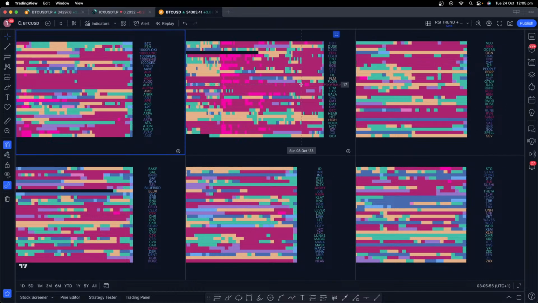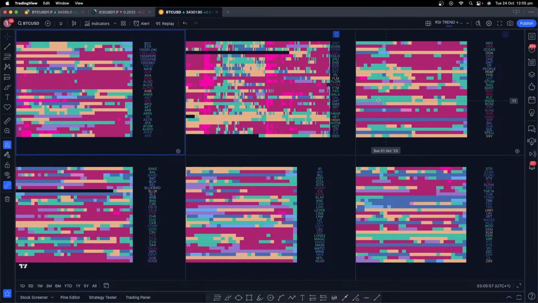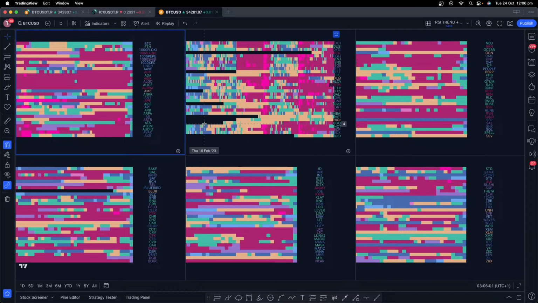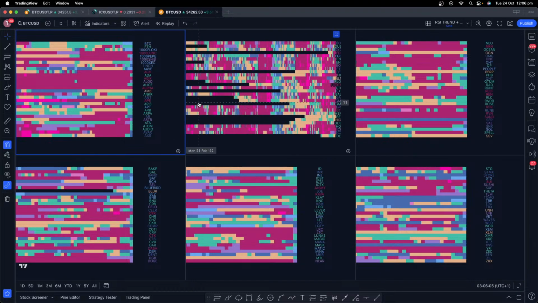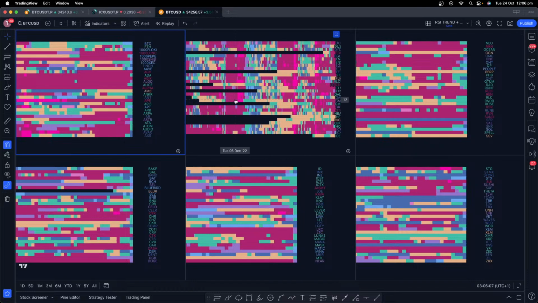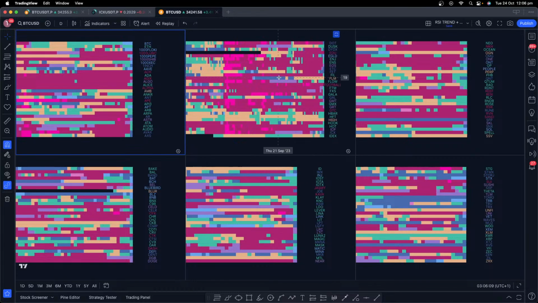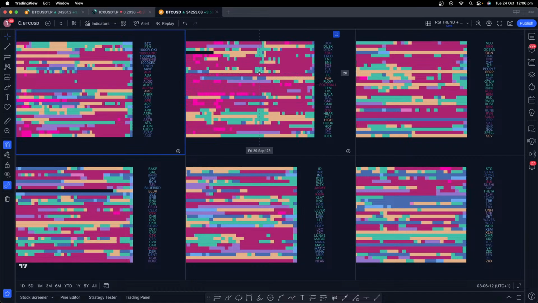So we just scroll, and you can see all of this data relates to months. We're going back to May, February, August 22, even further back, going back years. You can see all the data of each different candle, so you can easily visualize patterns in the market.